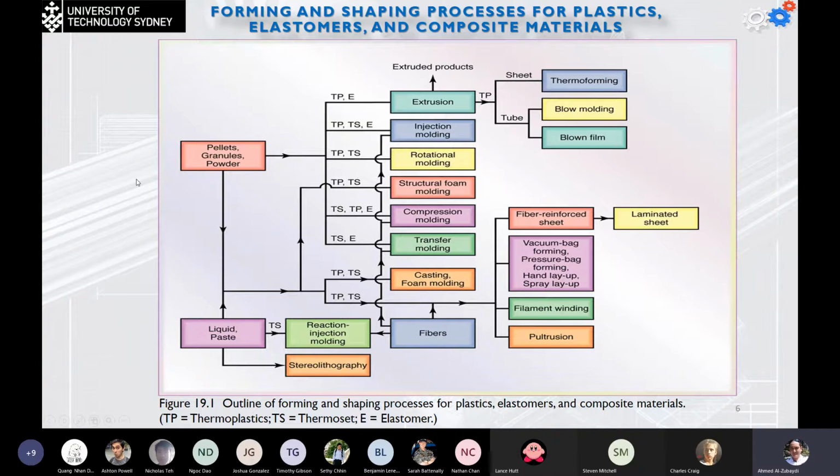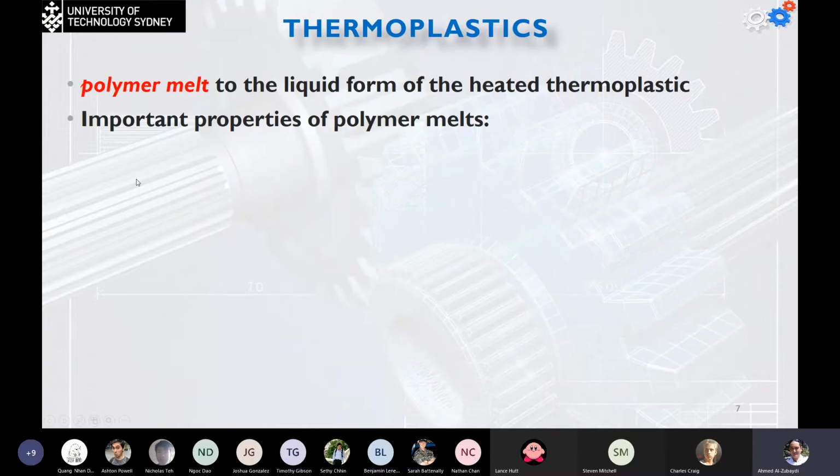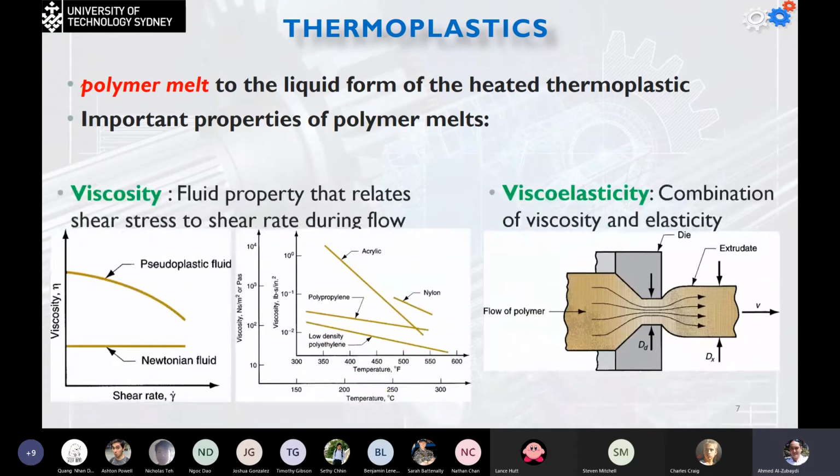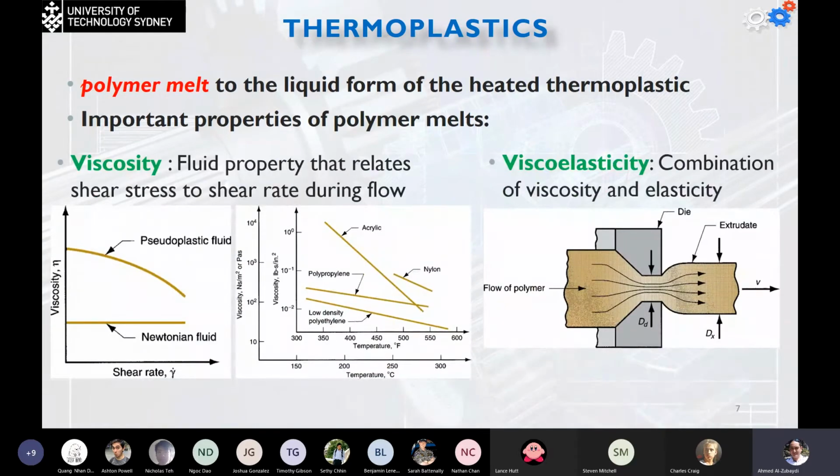So we start first with the thermoplastic, which we said that the polymer melts to the liquid form at higher temperature. Its important properties for the polymer melts are going to be first the viscosity. The second one is going to be the viscoelasticity.